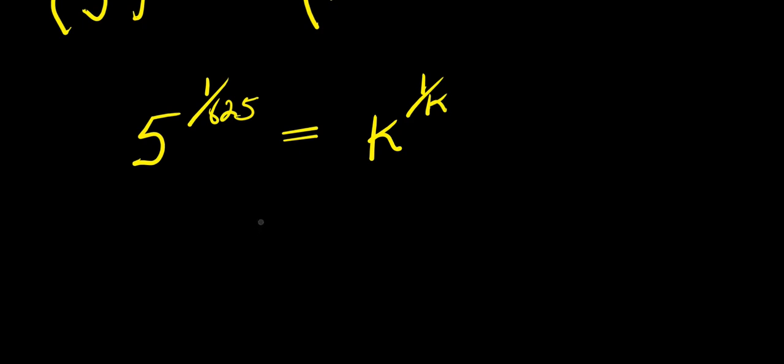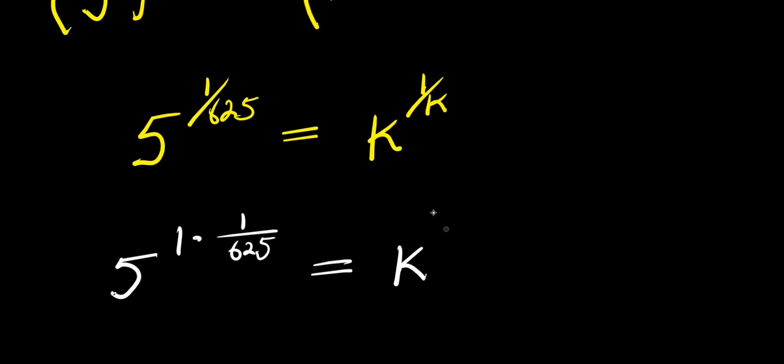Now, what I'm going to do will be to consider this particular trick. I need to insert 1 here. I can have 5 to the power of 1 times 1/(6/5) equals k^(1/k).